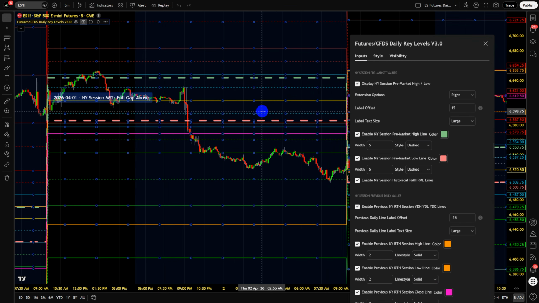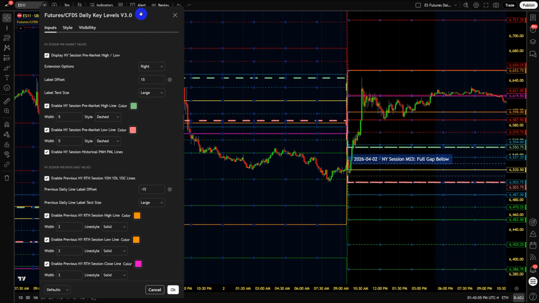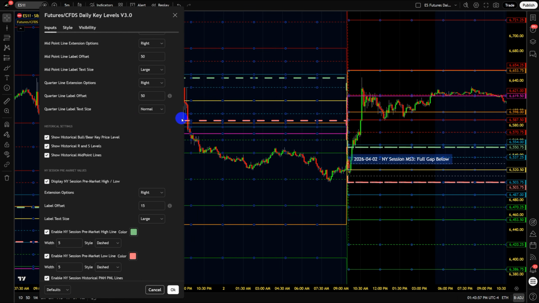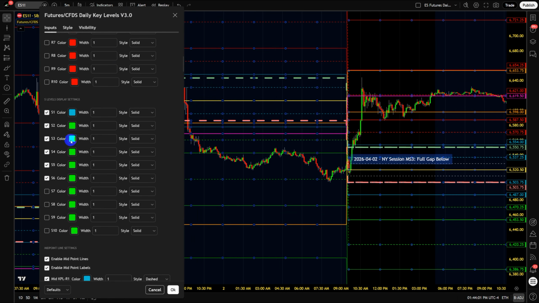Now another thing is, let's say that the bull bear key price level, that's yellow, that's easy enough. But let's say that our main concern is R2 up here and S2 here. Then you can do the same thing. So let's say as an example, we wanted to change the S2 color to white.